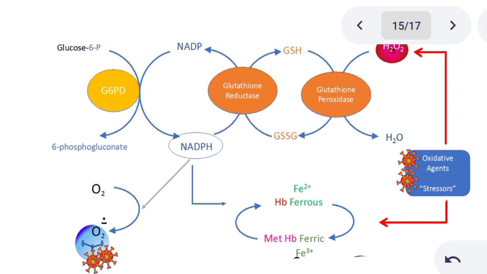But for females, it requires them to be homozygous to develop this. They need to have this deficiency on both genes, both X and X, because females have two X chromosomes. Males have only one X chromosome. So it is more common in males than females.